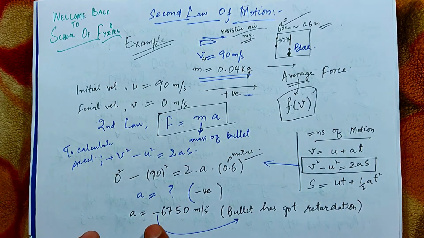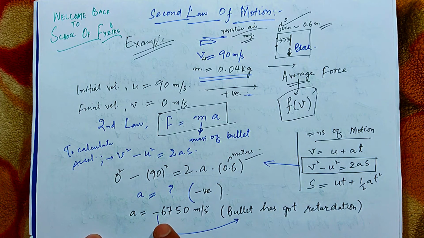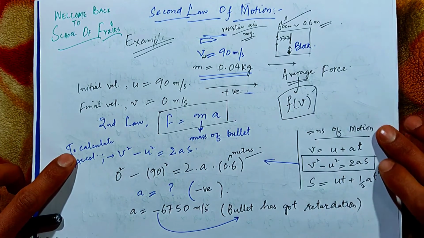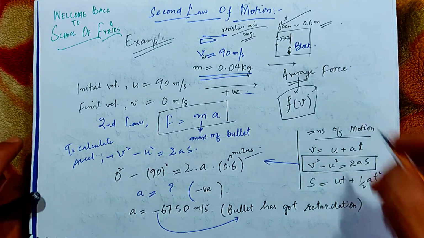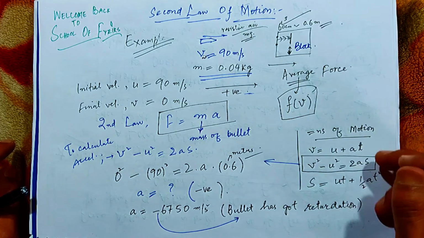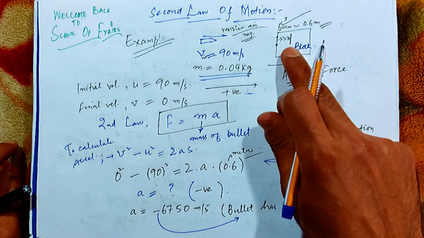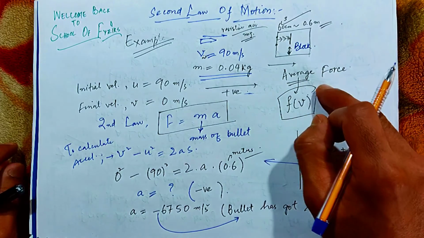Ultimately there is a point to be noted: what does this negative sign indicate? It just indicates that there is a retardation, a resistive force inside this wooden block, and you have to keep in mind that we are calculating the average force.